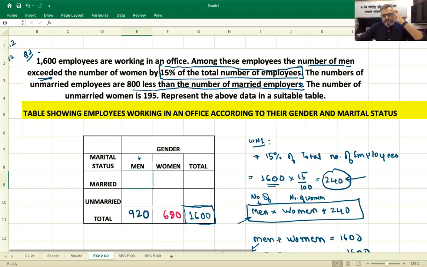Say for example, if there are 1000 women, so number of men will be 1000 plus 240. If there are 100 women, so number of men will be 340.